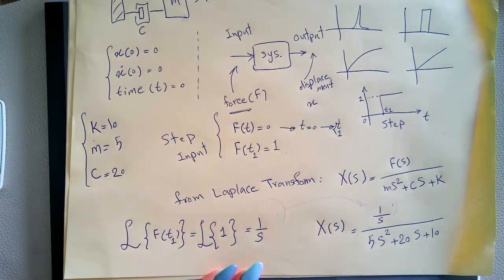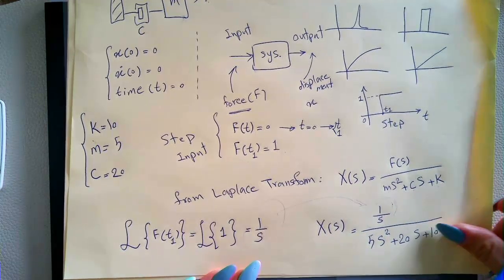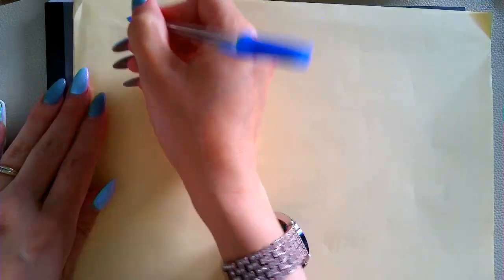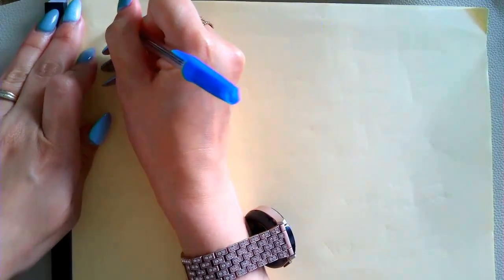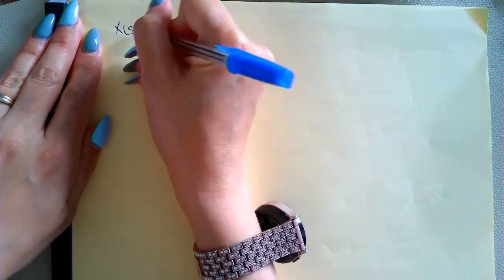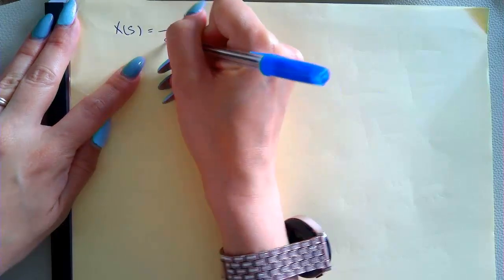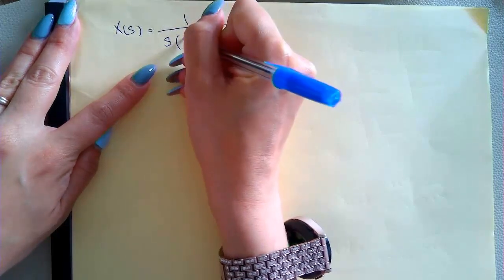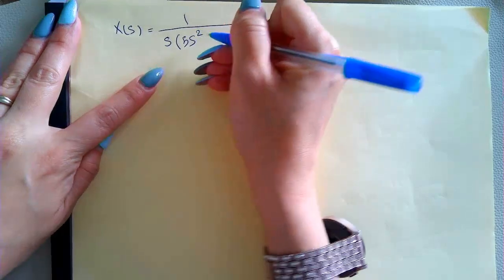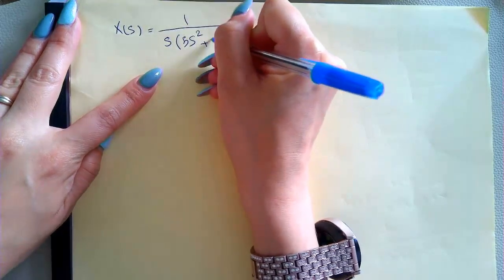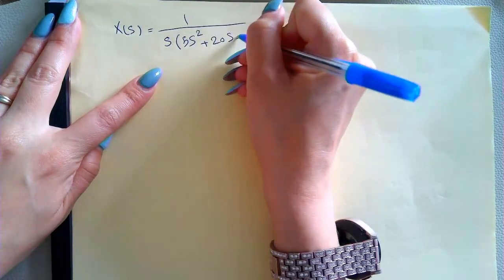Right? Now, let's continue on that. The s can go down, and then I can have X of s equal to 1 over s multiplied by 5s squared plus 20s plus 10.